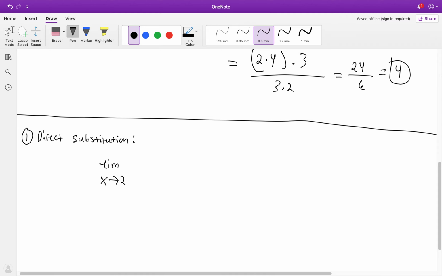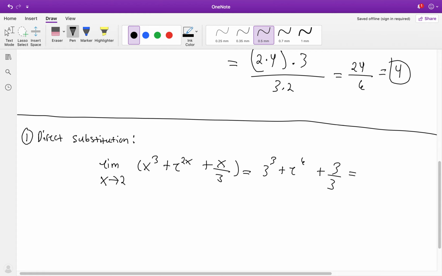So if I have the limit as x approaches 3 of x cubed plus e to the 2x plus x over 3, I'm going to go ahead and immediately plug in 3. So I'll get 3 cubed plus e to the 6 plus 3 over 3.